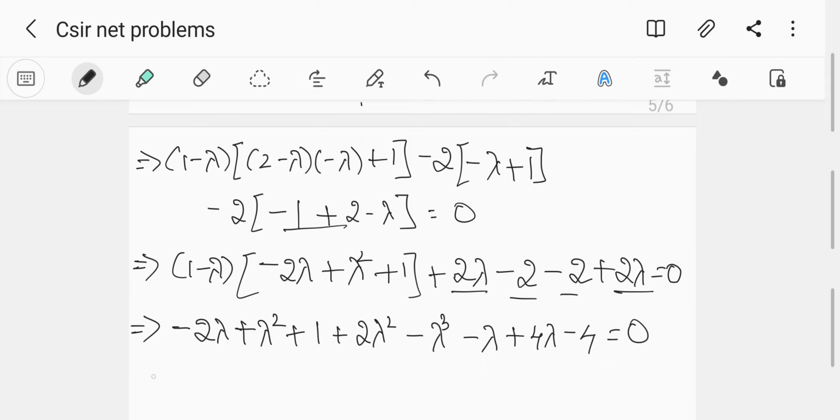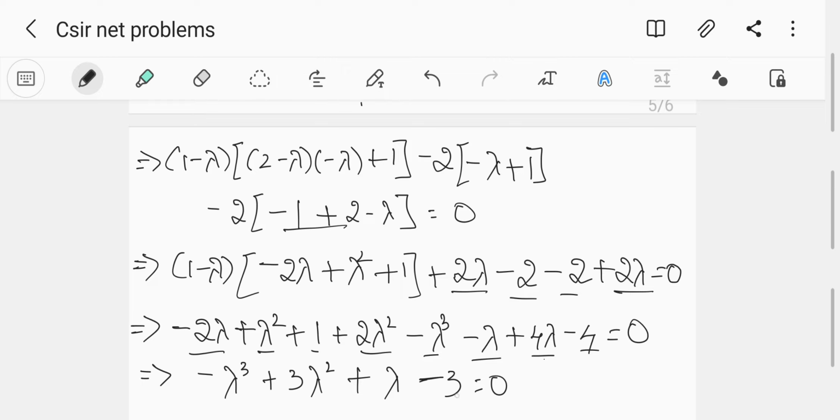So first we will write the cubic term, minus lambda cube. Next the square terms, 2 lambda square plus lambda square, that is 3 lambda square. Then the lambda terms, minus 4 lambda plus 4 lambda minus lambda, which is 3 lambda minus 2 lambda, that is plus lambda, and the constants minus 4 plus 1 minus 3 is equal to 0.